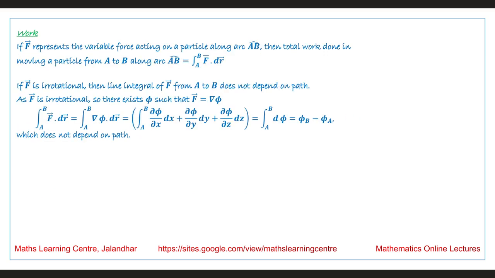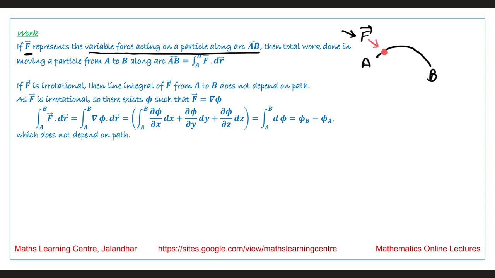So if we talk about the example over here, we are saying if f vector represents the variable force acting on a particle along arc AB, then the work done, suppose there is an arc AB and this force is acting on the particle which is moving along this arc AB.